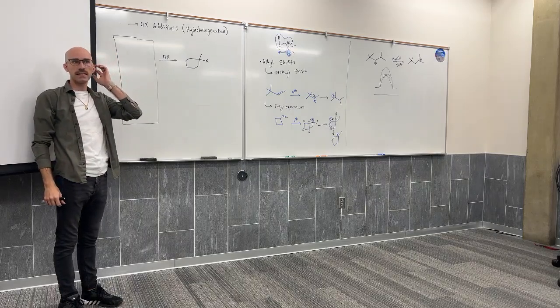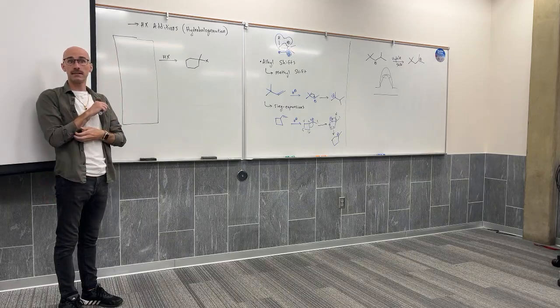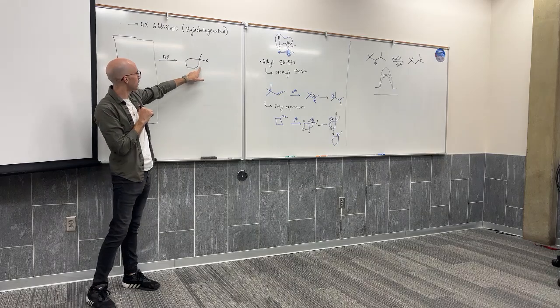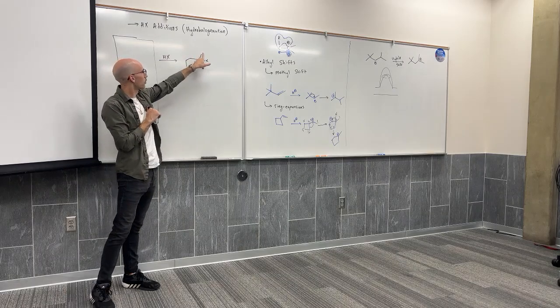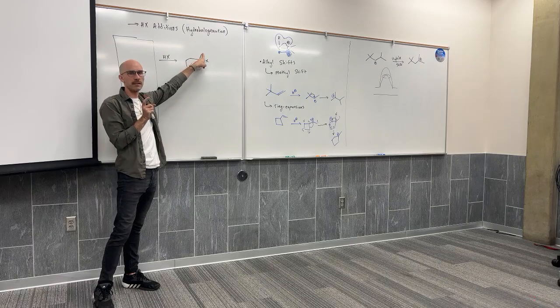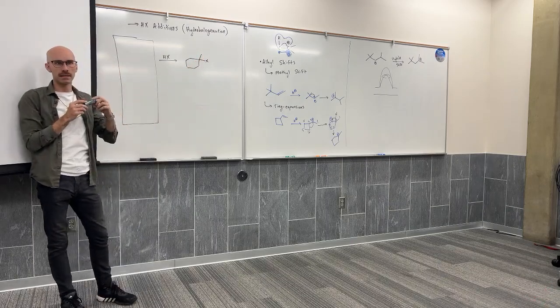Is it obvious to see where the hydrogen added? Not really. The hydrogen could have added to these CH2 groups, or the hydrogen could have added here. So there's actually more than one place where my alkene might be.